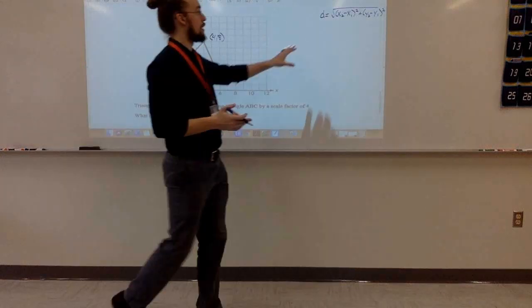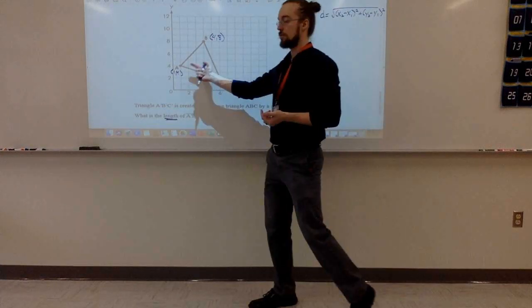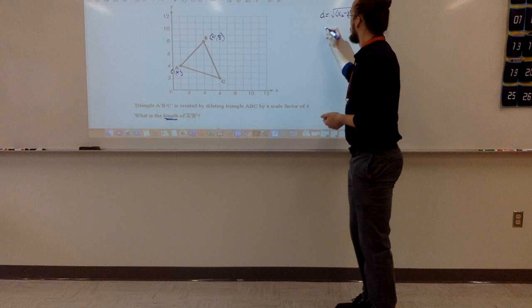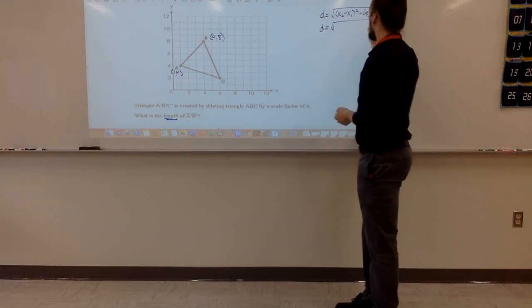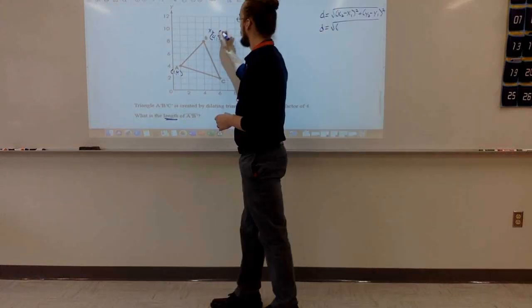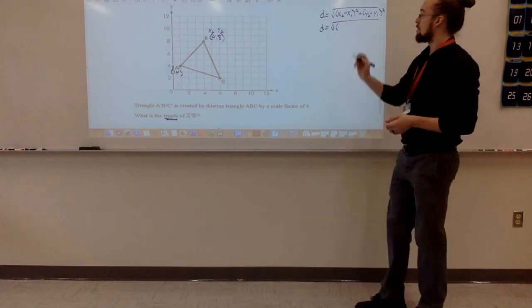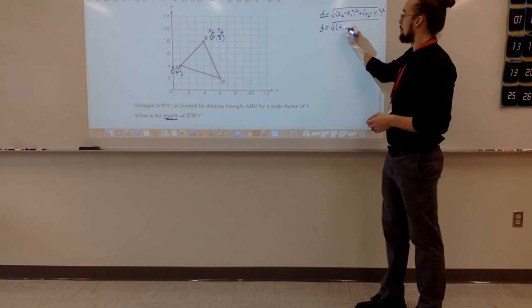So the square root of x2 minus x1. I guess I should label my points. Okay? Say x2, y2 plus x1, y1. So x2 minus x1 is going to be 4 minus 1. y2 minus y1, 8 minus 4.